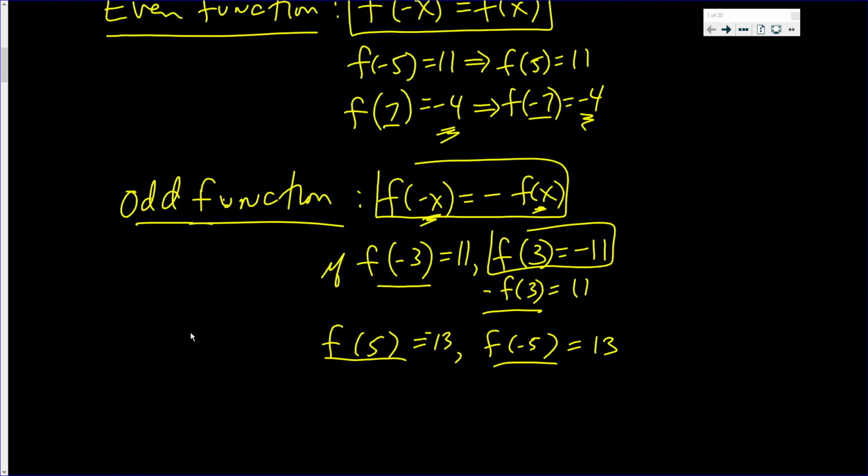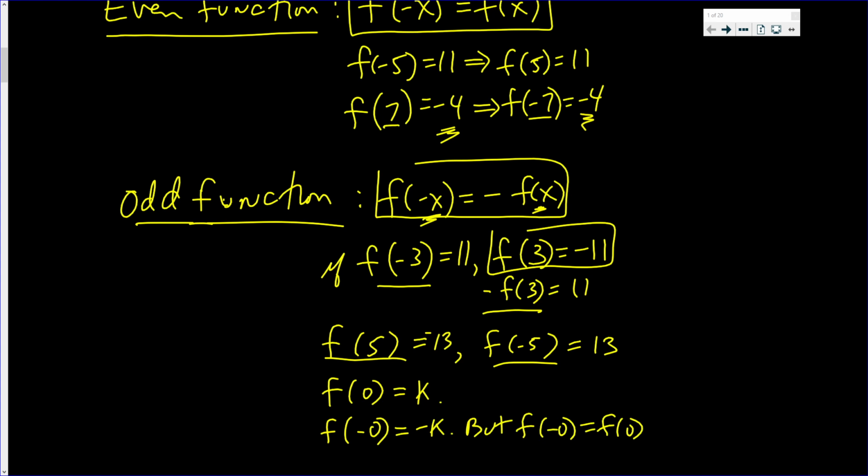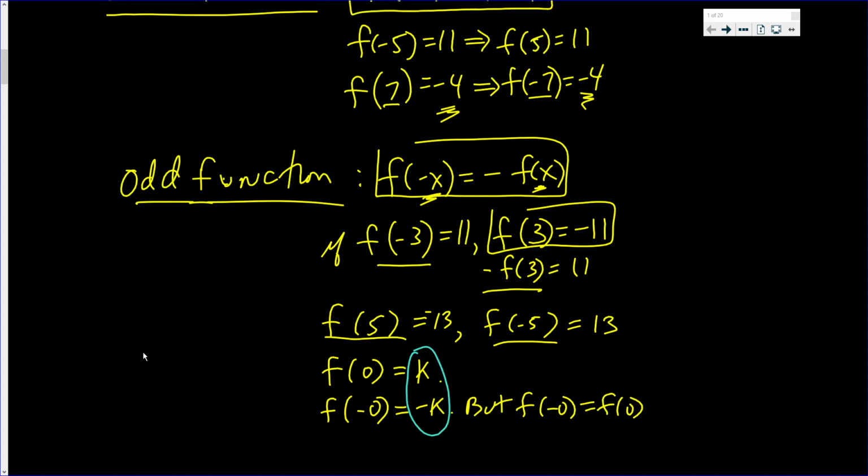Well, interesting thing would be, what can f of 0 equal? Well, let's call it k for a moment. Well then, f of negative 0 should be negative k. No problem there. But f of negative 0 is f of 0. That is, I'm supposed to get back the same answer.